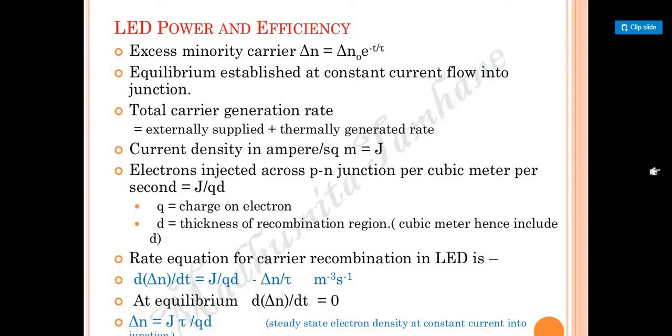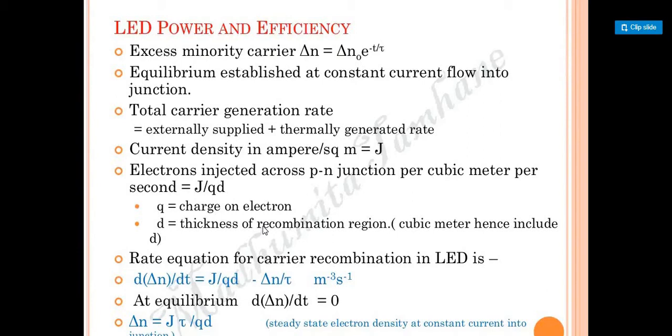Here I am saying the excess minority carrier density we can obtain by using this formula: delta N = delta N naught e^(-t/tau). If you substitute both parameters, we can find out the analysis as well. In order to find the equilibrium established at a constant current flow into the junction, we use the total carrier generation rate. How do we get the total carrier generation rate?